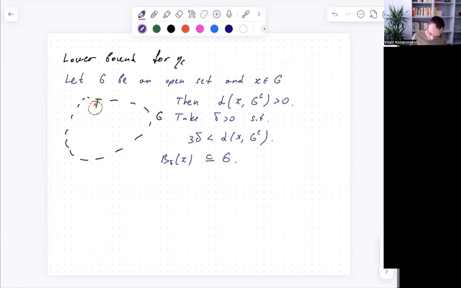Okay, and now we estimate the following probability: the probability that psi epsilon belongs to the ball.